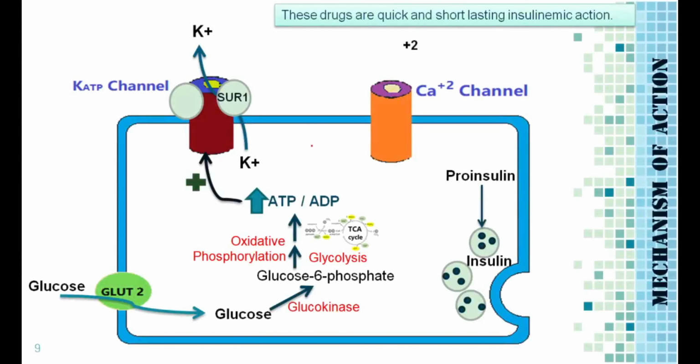Now coming to the mechanism of action. These drugs show rapid onset and shorter duration of action. The mechanism is almost similar to that of sulfonylureas, as we have discussed in detail. The only difference is that meglitinides do not act on the sulfonylurea receptor.